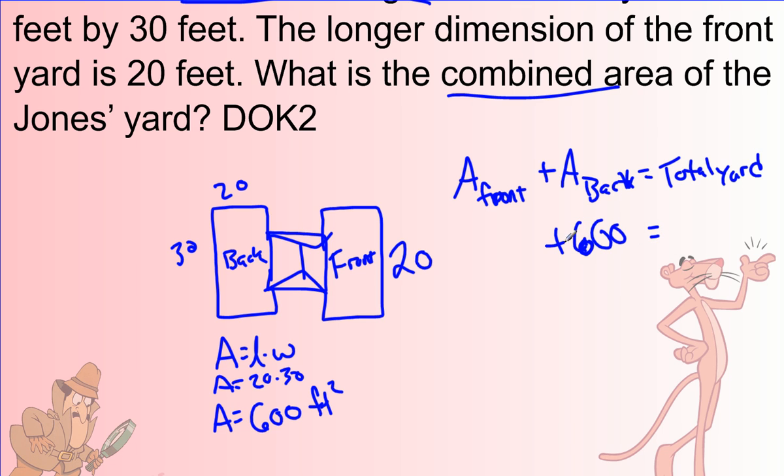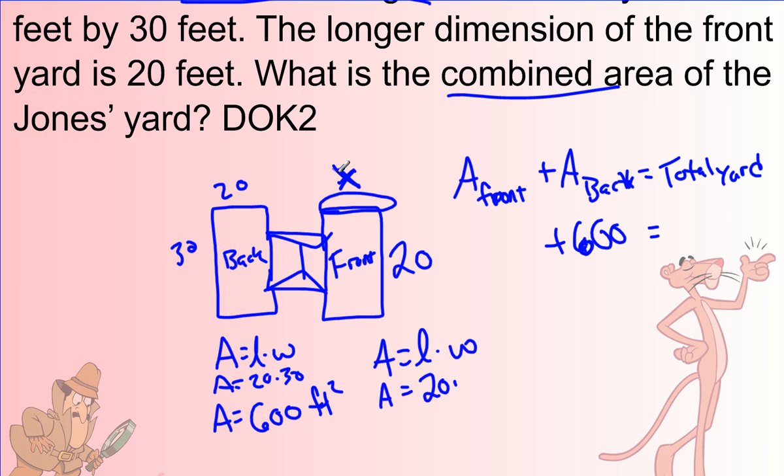All right. So now I need to figure out what is the area of the front yard. To find the area of the front yard, I need length times width. I have my length. What I don't have is this other dimension, the shorter side of the front yard.